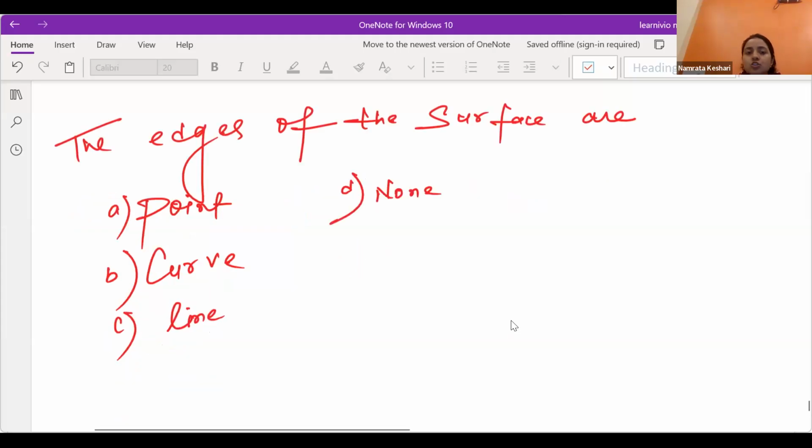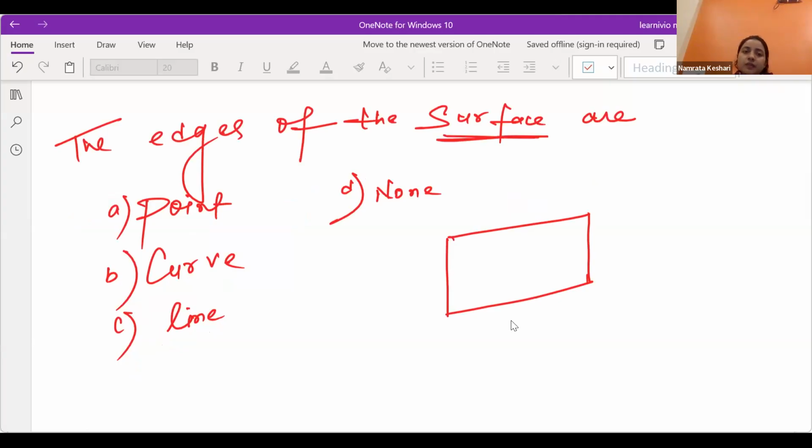It says the edge of the surface. This is there in our definition, right? Yes. Exactly as it is, we had the definition that the edges of a surface are lines. Line. Okay. Yes, here it will be line.